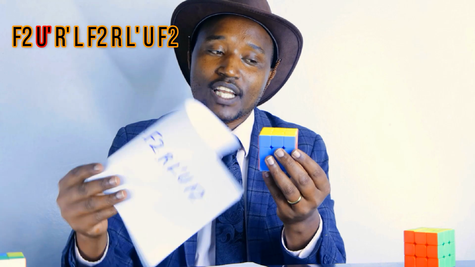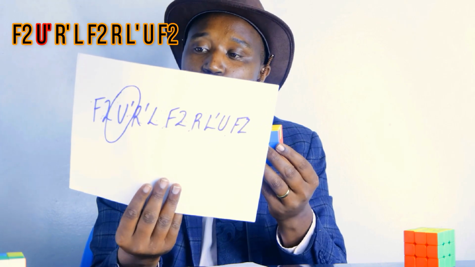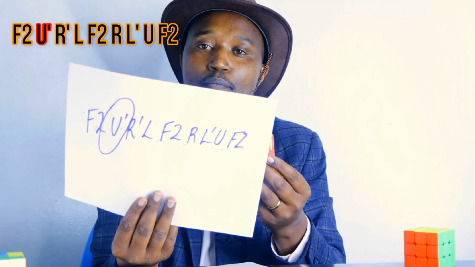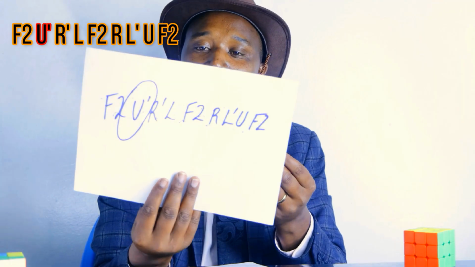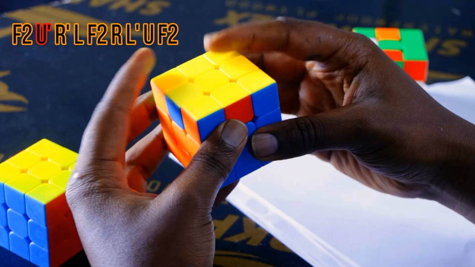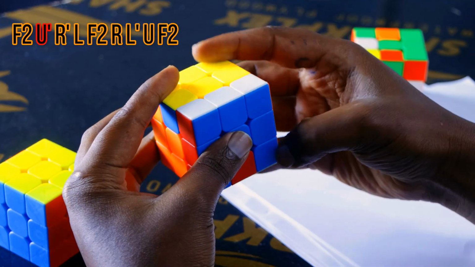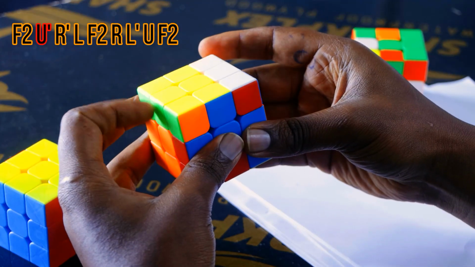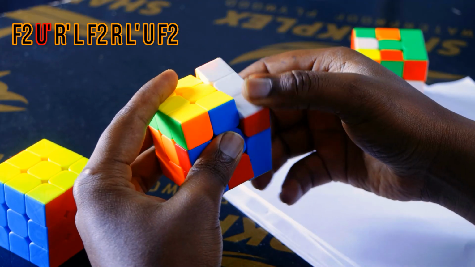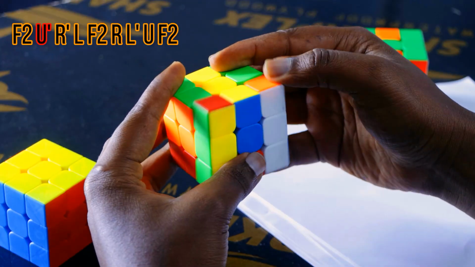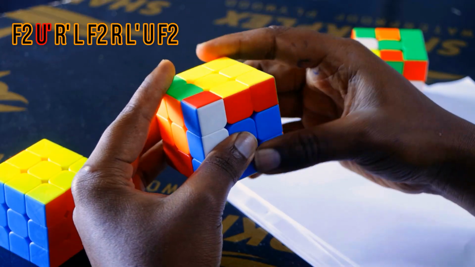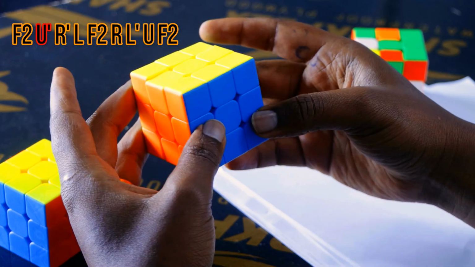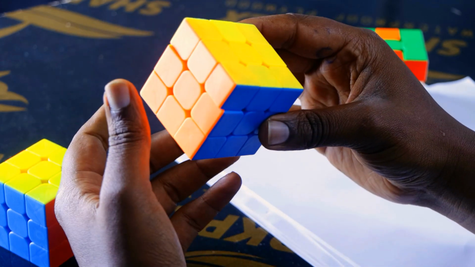You use the same formula, F2, but instead of having U, now you have U', and every other bit of the formula remains the same. So we do F2, U', and then the rest remains L' L F2 L L' U F2, and that solves our cube.